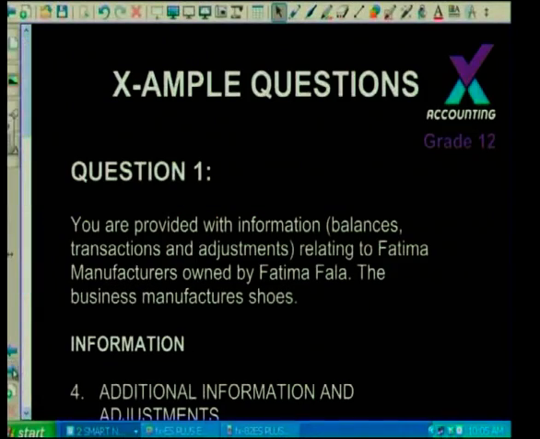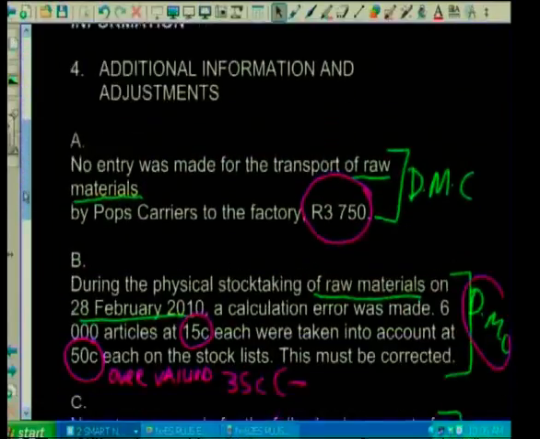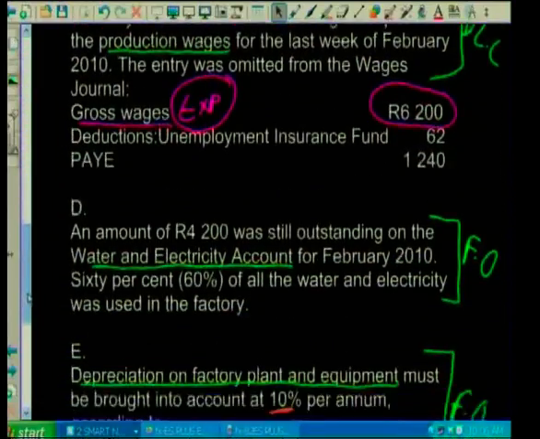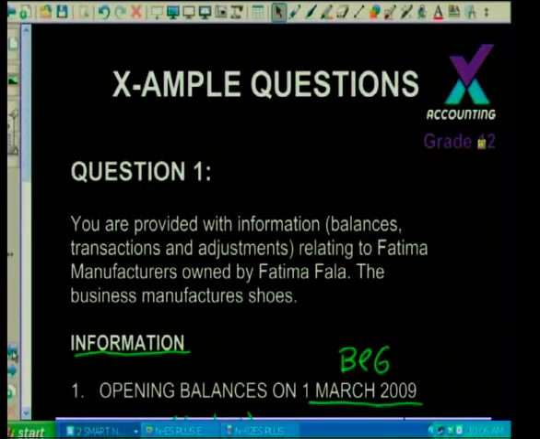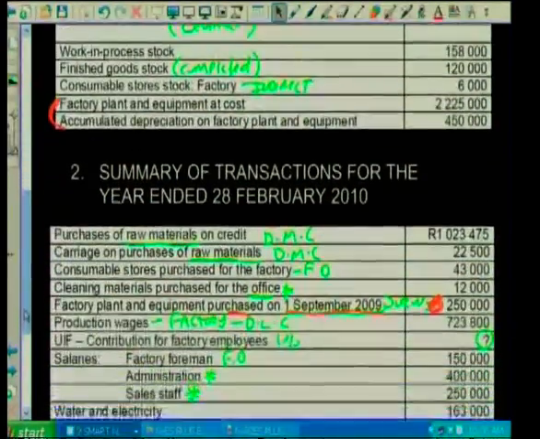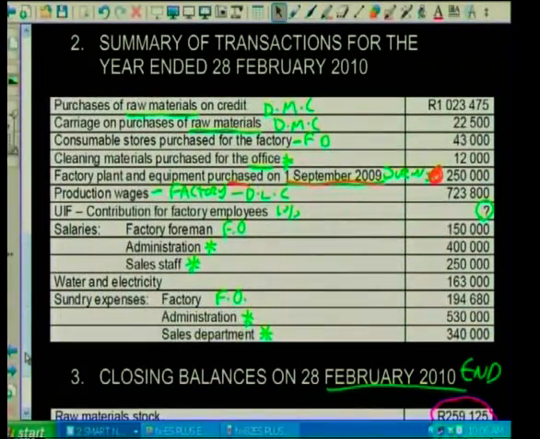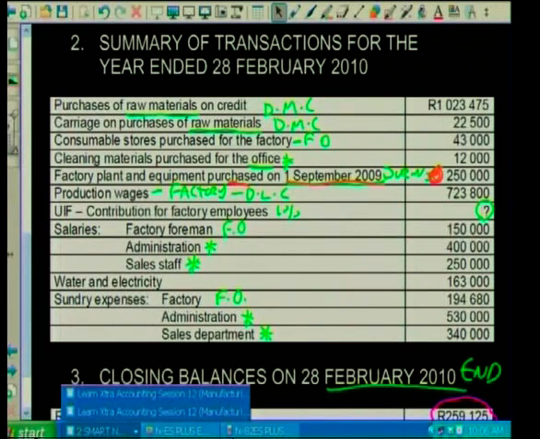It was purchased on, no guys, not additional info, summary of transactions was what I should go to. Okay, so factory plant and equipment purchased on the 1st of September 2009 for 250,000.